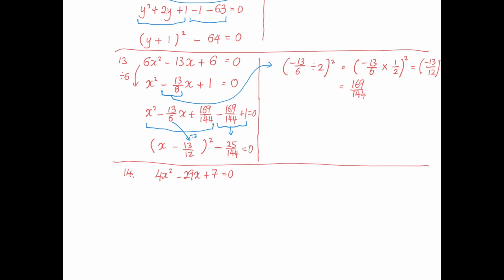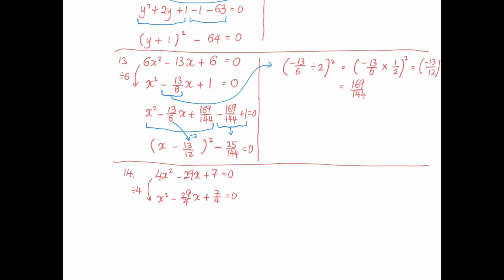First, divide by a number so that the x squared coefficient becomes 1. For this case, we divide by 4, so that the 4x squared becomes x squared, the 29 becomes 29 over 4, and the 7 becomes 7 over 4.